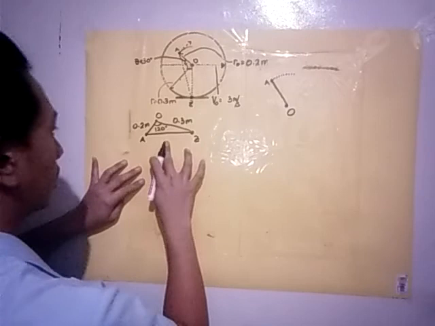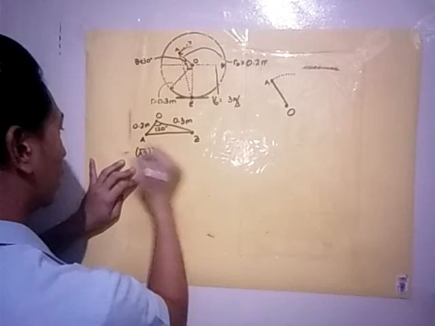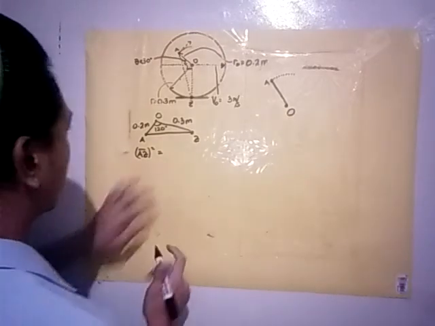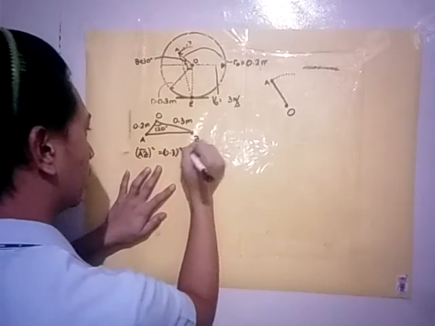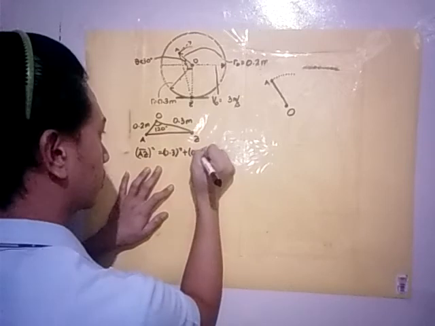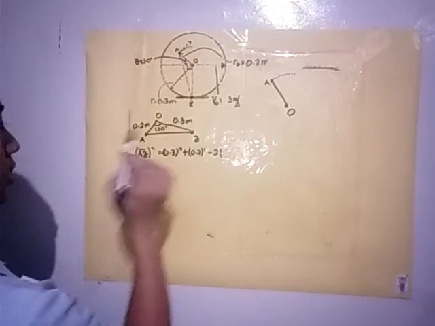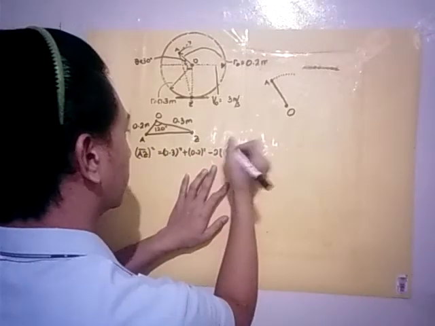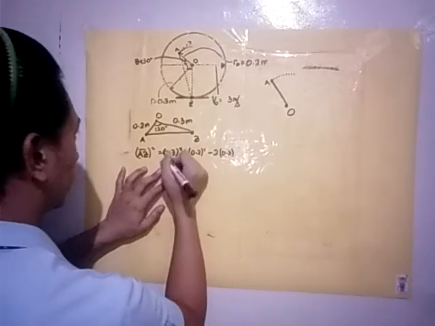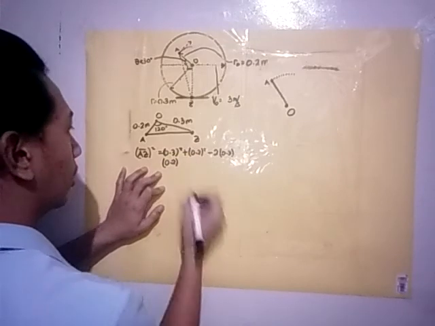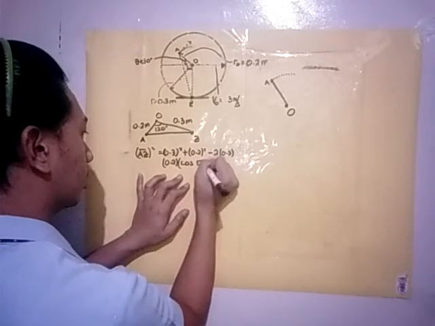Our line AZ squared is equal to the square of the line OZ, 0.3 squared, plus the square of the line OA, 0.2 squared, minus twice the line OZ, 0.3, multiplied by line OA, 0.2, multiplied by the cosine of the adjacent angle, cosine 120 degrees.